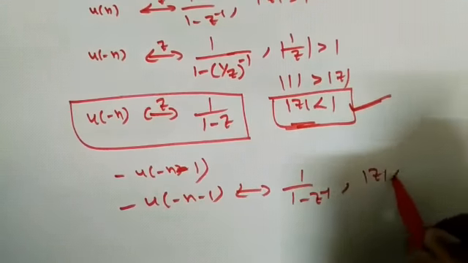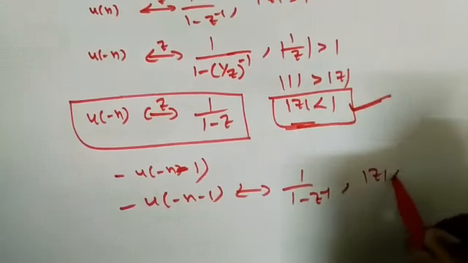So n by 2 means each term index will be multiplied by 2, so it will become 0 into 2, 1 into 2, 2 into 2, so it will be expanded like this. So 1 into 2 means it will become 2, and at 2 it becomes 4. This is n, this is x of n by 2, which is the expanded version of this x of n. The remaining integers, that is at 1 and 3, the values will be 0.